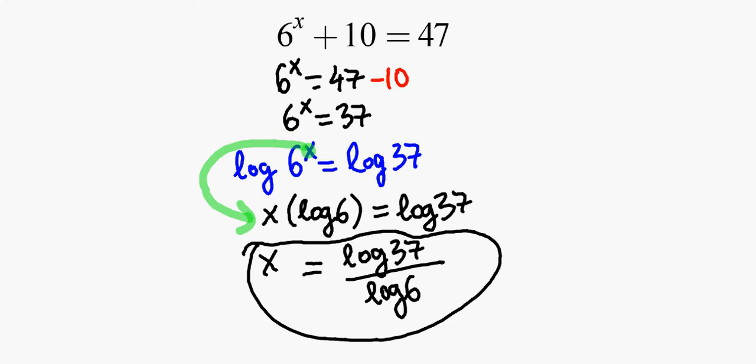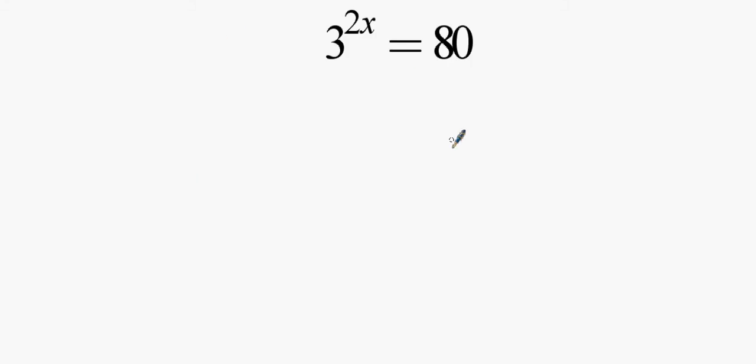And the next one. 3 to the 2x equals 80. Again, we need to fish for that x. So let's take a log of both sides. So we'll take log of 3 to the 2x equals log 80.